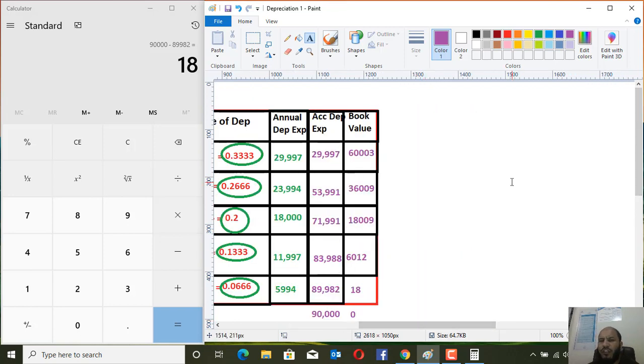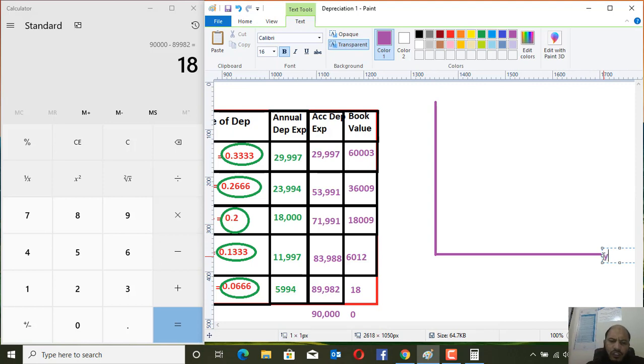Dear students, if we put this data into a graph, how may we design the graph? See, this line is the y-axis, and this line is the x-axis. On the x-axis we have, for example, years, the useful life.